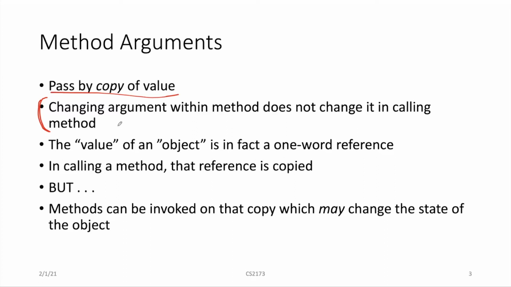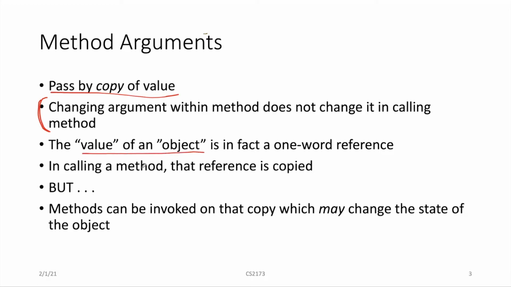Okay, that's a good thing to think of for primitives. For objects, it's a little more subtle, but it's still true, and it's important to understand what an object is here.